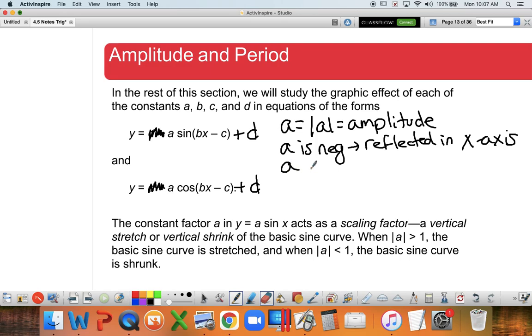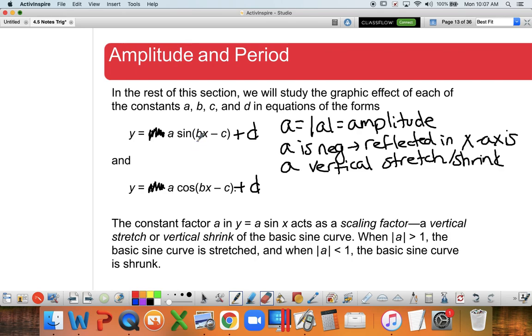A is also going to determine, because it's your amplitude, how high up you're going on the y-axis or how low you're going on the y-axis. That's going to determine your vertical stretch or shrink, right? It's your dilation. So A tells us a lot about the function. We can learn a lot about how we're going to graph these.